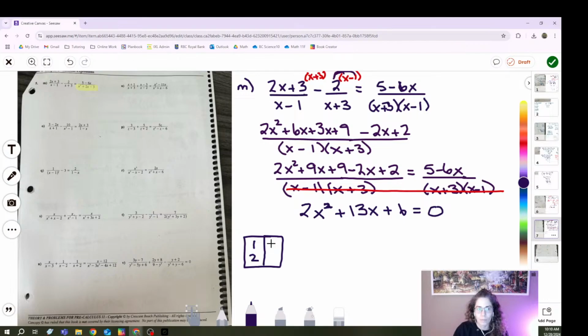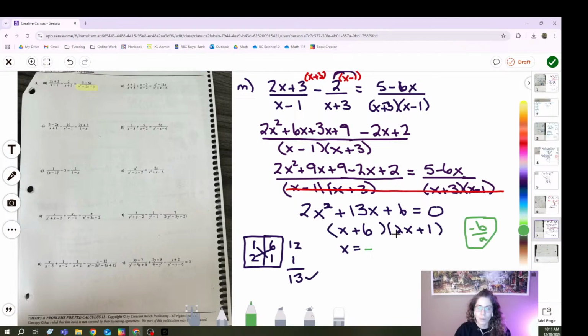Our a term is what's in front of the x. B term is the second term in the binomial. So if I was doing this bracket, it would be negative 1 over 2. And in the first bracket, it would have been negative 6 over 1, or just negative 6.